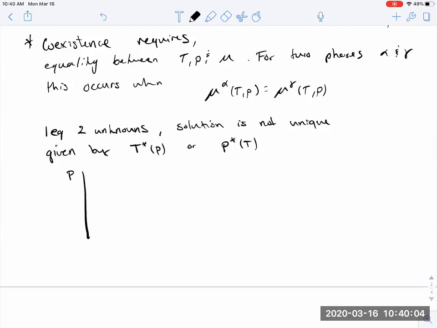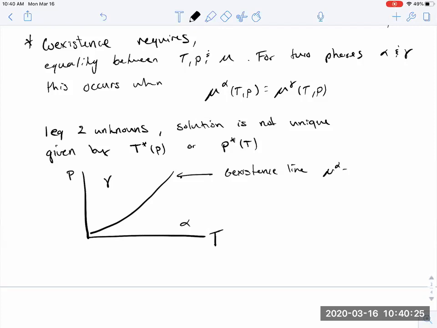If we were to plot that in the temperature pressure plane, the gamma is stable over there, alpha is stable over here. This would be the line of coexistence, where the chemical potential of alpha is equal to the chemical potential of gamma.